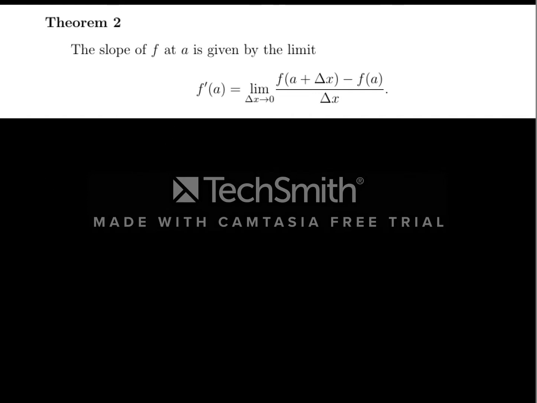I'll do a rough sketch here because this limit, if we look at it, we let delta x be infinitely close to 0, but delta x not 0. This means delta x is an infinitesimal other than 0.